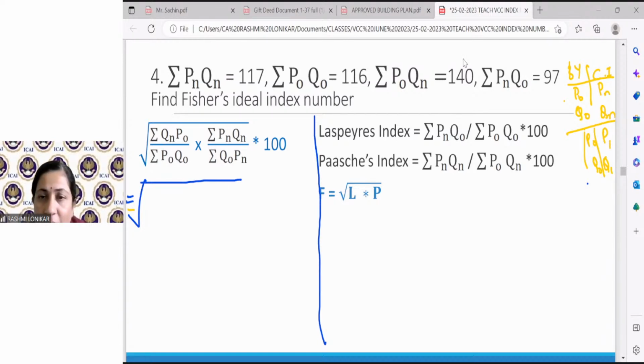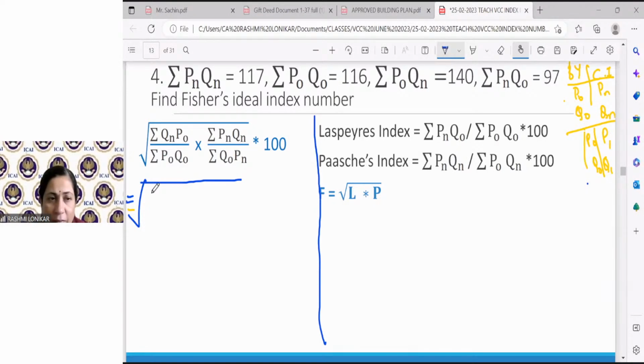Qn P0 is 140 upon P0 Q0, which is 116, into Pn Qn is 117 upon Pn Q0, which is 97.